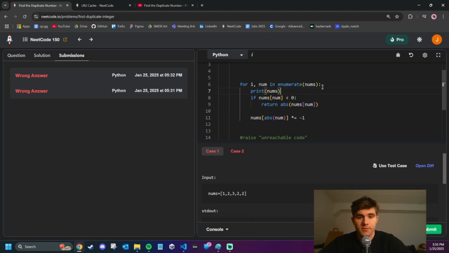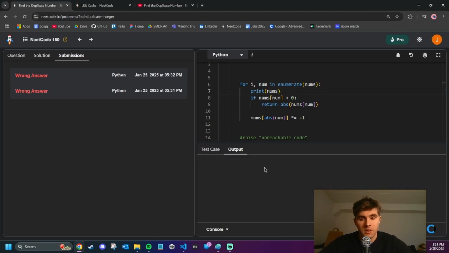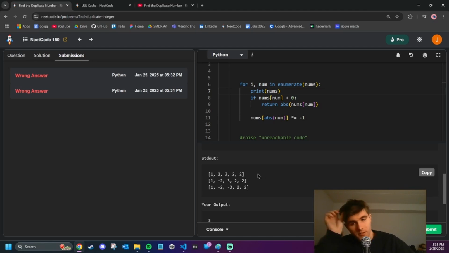Let me just print nums at every iteration. Okay, so it's 1, 2, 3, 2, 2. Okay, I think I know the problem. So we don't want to know if this is negative.